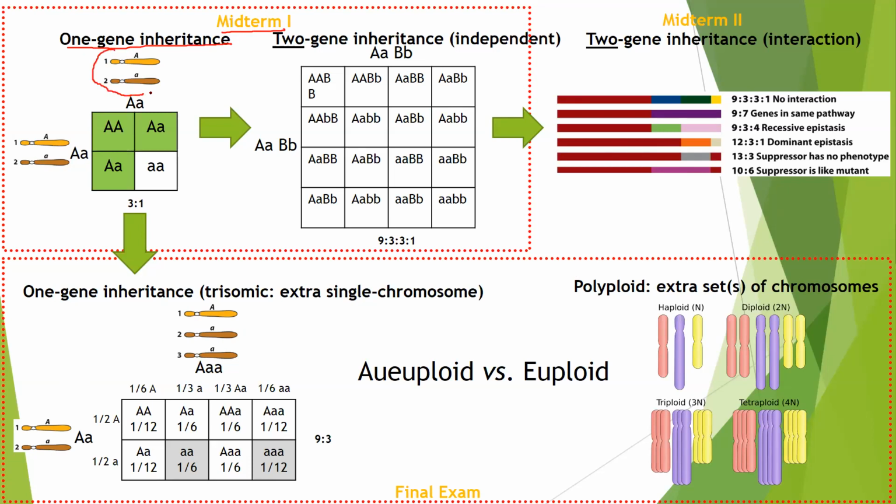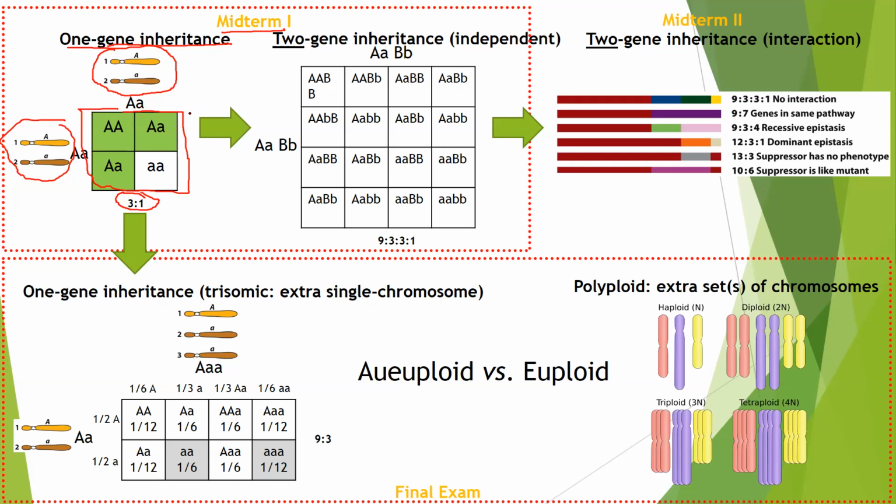If we have a monohybrid parent and another parent, we can easily use this Punnett square to help us understand the genetics behind this cross. And this will give us a classical 3-to-1 ratio if we have the dominance and recessive relationship between these two alleles.